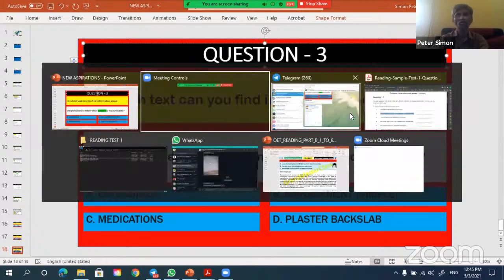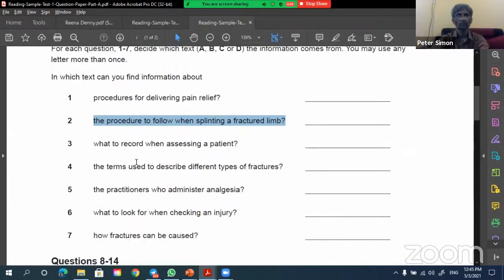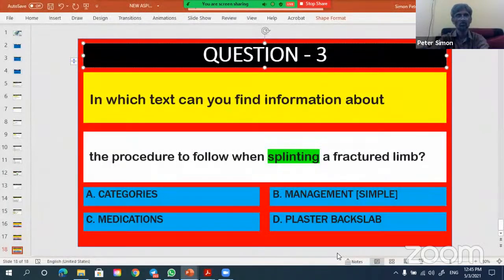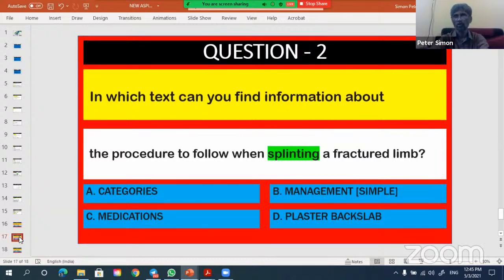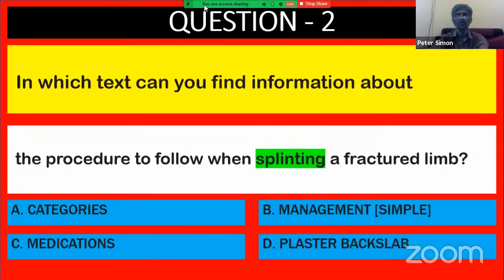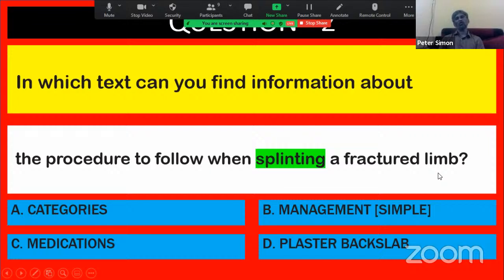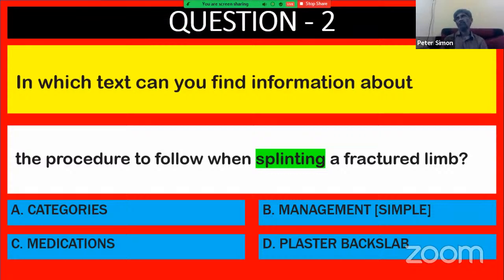So then the third question. But before that, let us think about this question. What is the right answer? The procedure to follow when splinting a fractured limb. Splinting means it is not an ordinary fracture. It is a serious fracture, so it's plaster backslab.